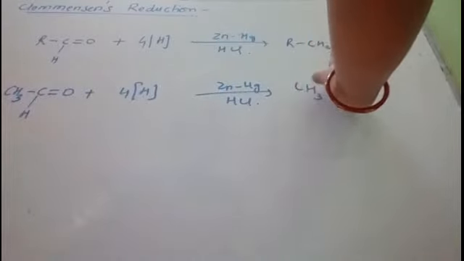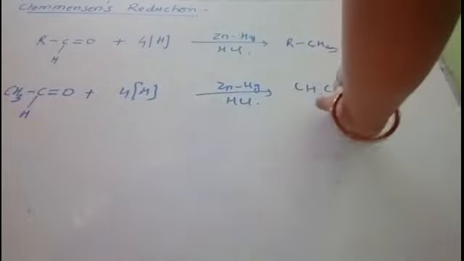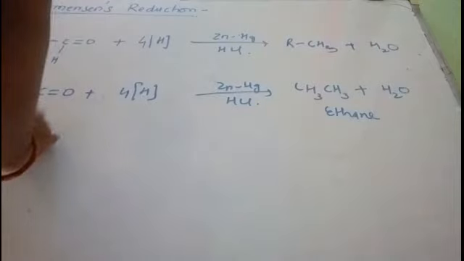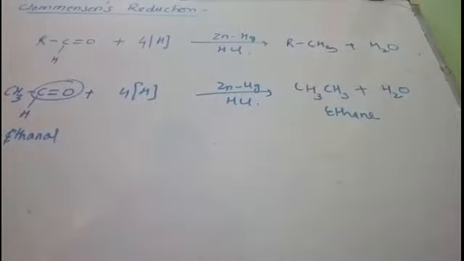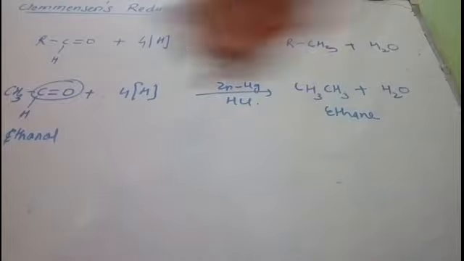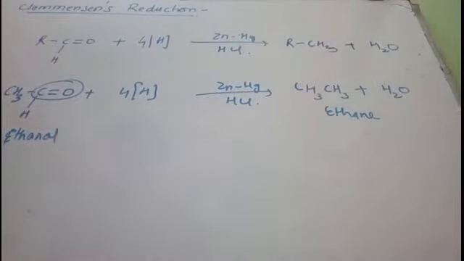So we will have here CH3CH3, that is ethane, right? So ethanal is reduced to ethane. This CO group, that is the carbonyl group, is reduced to the CH2 group. So CH2 plus H becomes CH3, right? So this is how the carbonyl compounds are reduced to hydrocarbons.